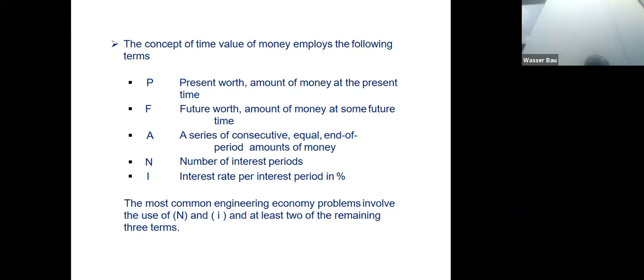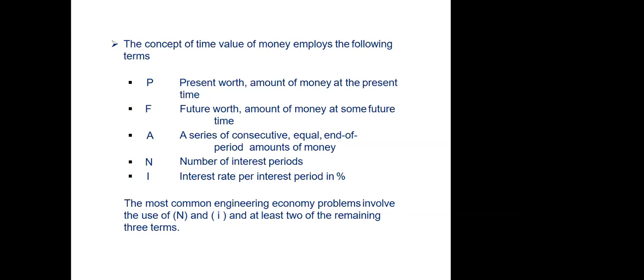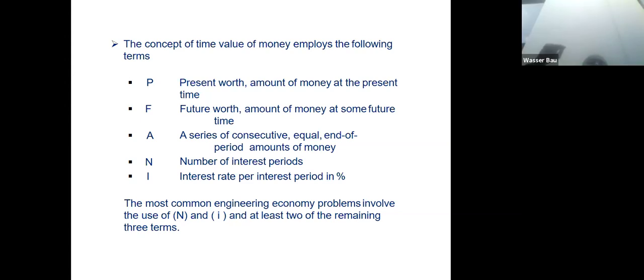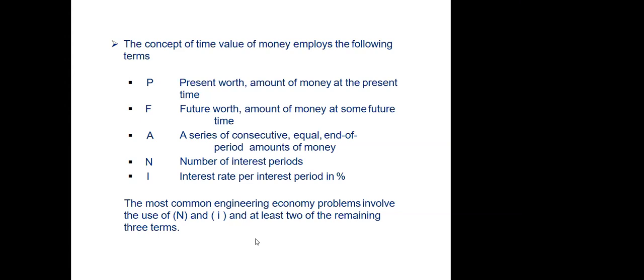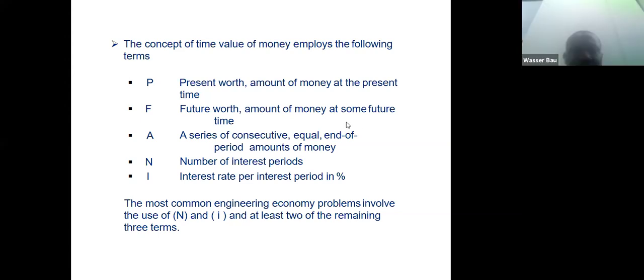If I build this factory with 100,000, in 5 years' time either the factory is worth 200,000 or it is worth 50,000. So it either appreciates by 100% or depreciates by 50%. Any question?